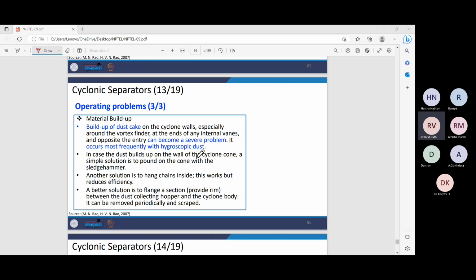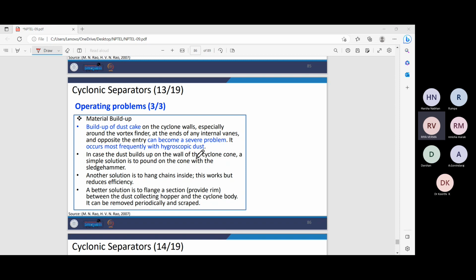In case the dust buildup is on the wall of the cyclone cone, a simple solution is to pound on the cone with a sledgehammer, or the other solution is to hang chains inside. This works, but it certainly reduces the efficiency because it tends to hinder the movement of the gas inside the chamber, and thus it creates a resistance, and the velocity gets reduced due to hanging the chains inside the chamber.